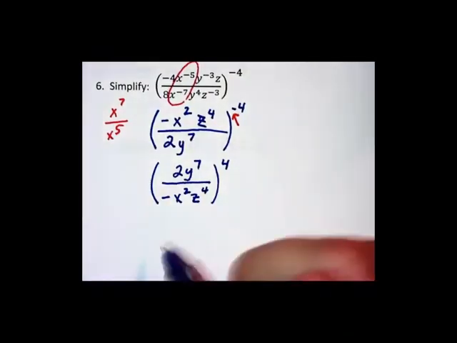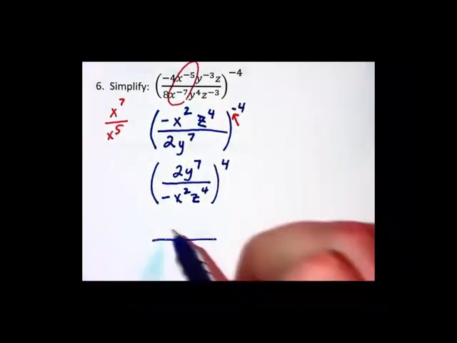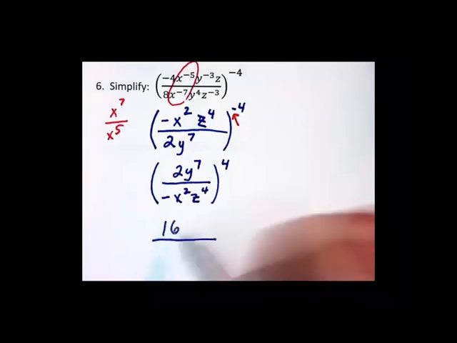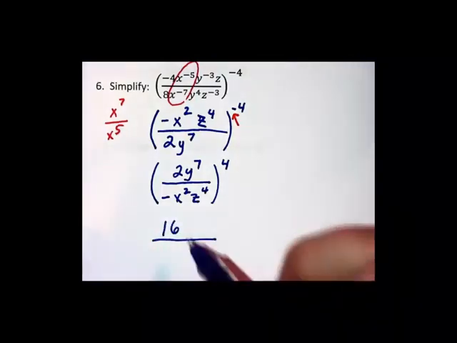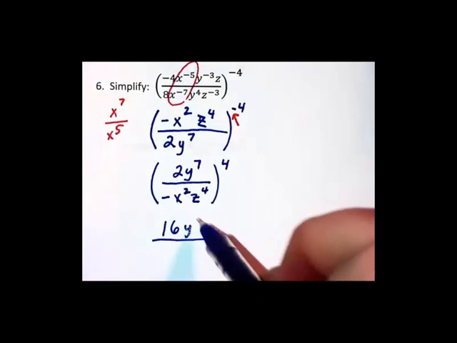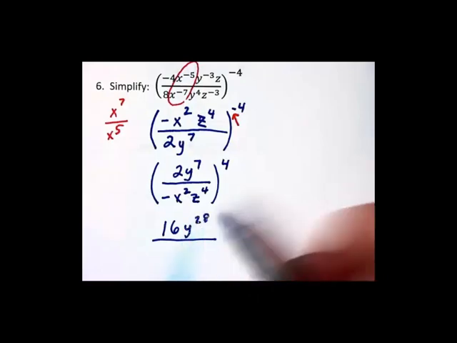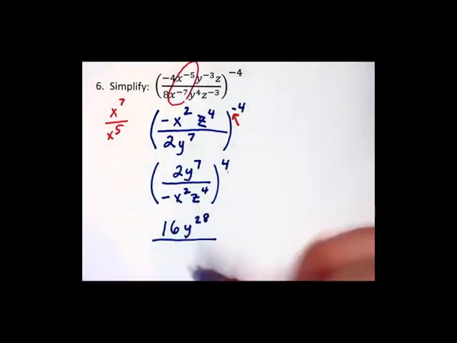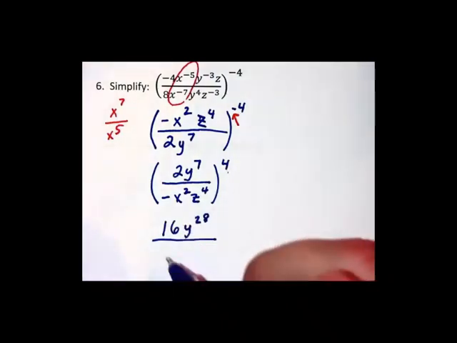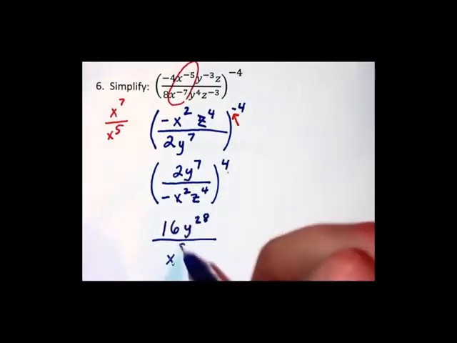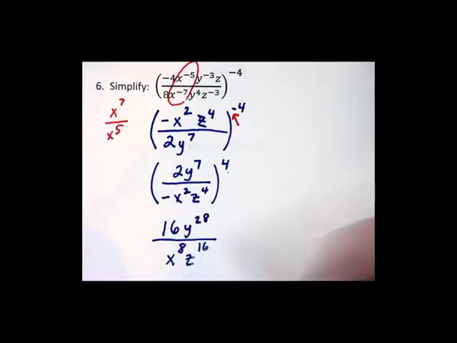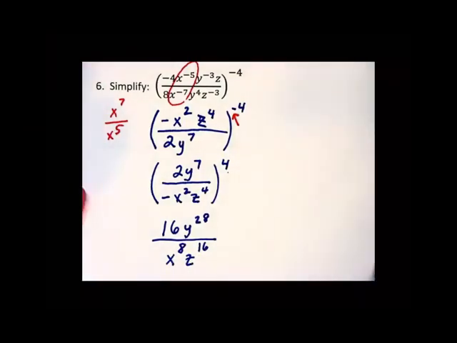Now we apply that 4th power. 2 to the 4th is 16, and then we have y to the 28th, which we get when multiplying. A negative to an even power is positive, so we can ignore that negative. We're going to have x to the 8th upon multiplying, and z to the 16th upon multiplying. And that is our simplified solution.